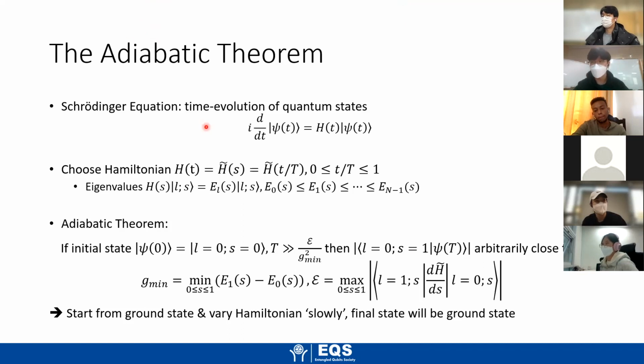Okay, thank you for the question. I don't know if I'll be able to answer this accurately, so maybe it's best for me not to comment too much, but maybe one thing we can consider is the adiabatic theorem. Let's say we're trying to evolve one state to another state.